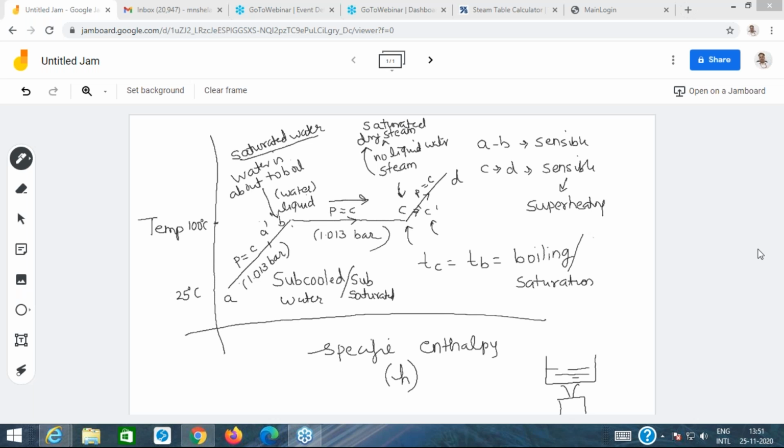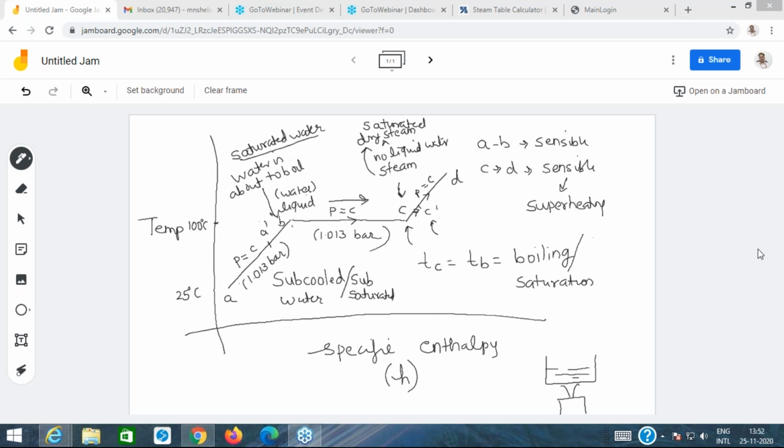So now the steam becomes superheated, meaning the temperature C dash or D is greater than the saturation temperature or the boiling point. Superheated steam is the steam whose temperature is greater than the saturation temperature, right?